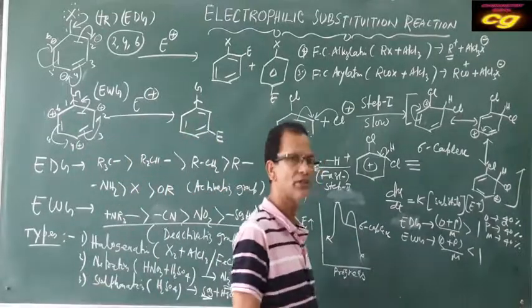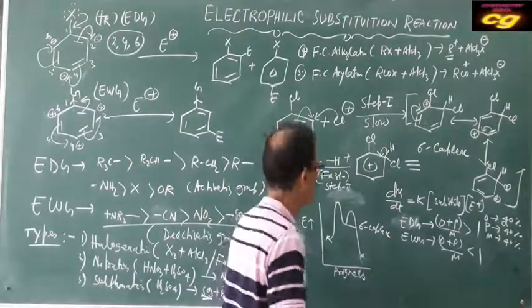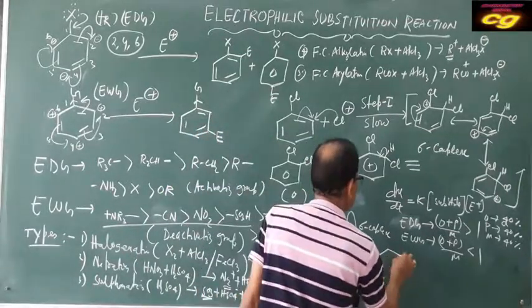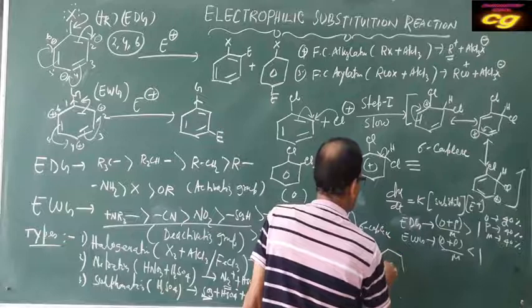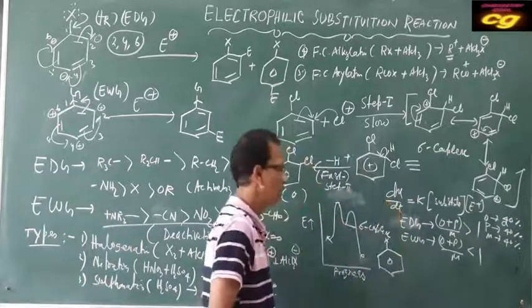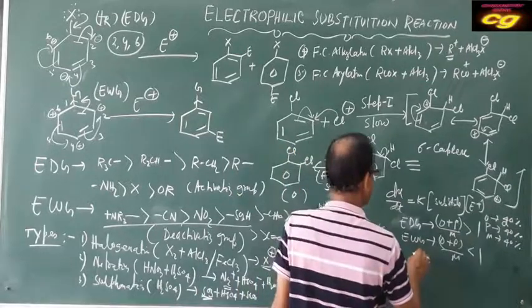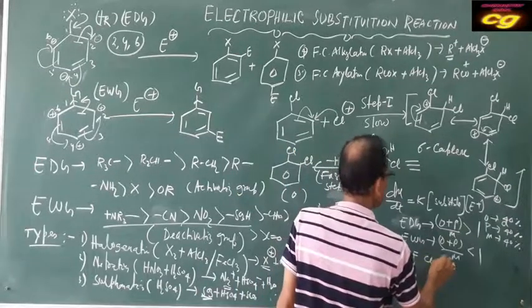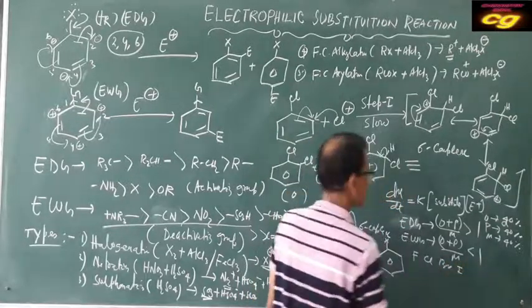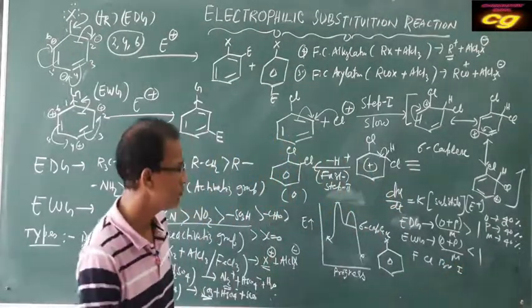The ortho percent and para percent depend upon the nature of the group attached. For example, if the group is a halogen X, suppose chlorine, bromine, iodine, then what happens?